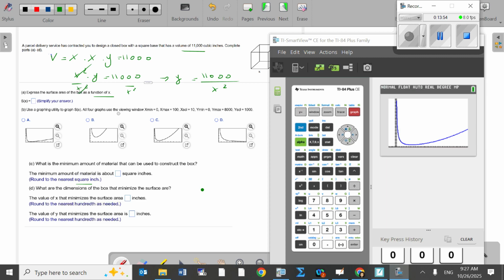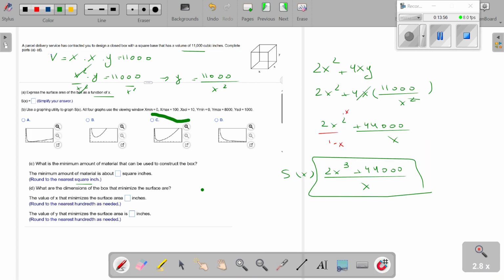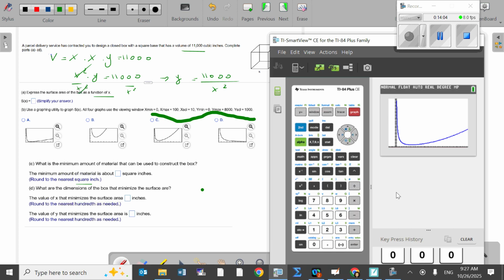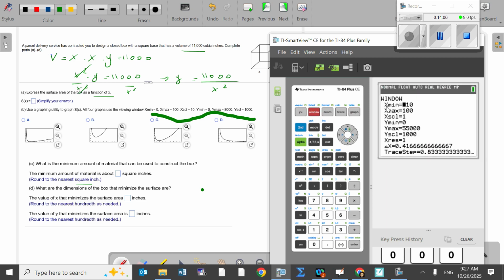But the window that the question is asking us for is these numbers. So I'm going to change the window to what is given to me. So the window is from 0 for x min. X max is 100. The scale is 10.